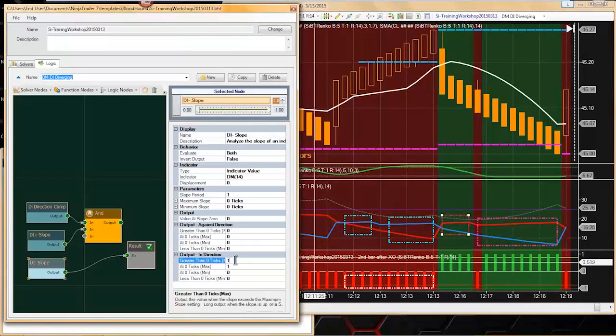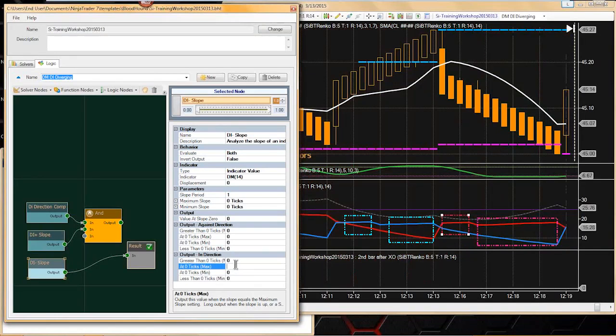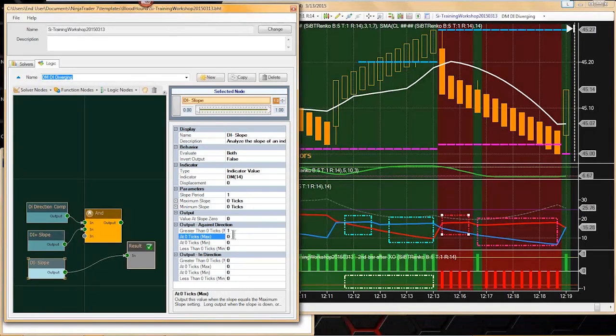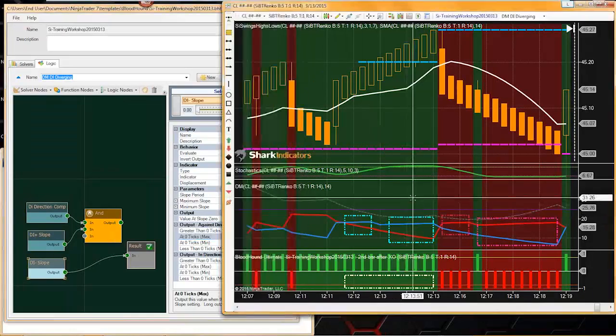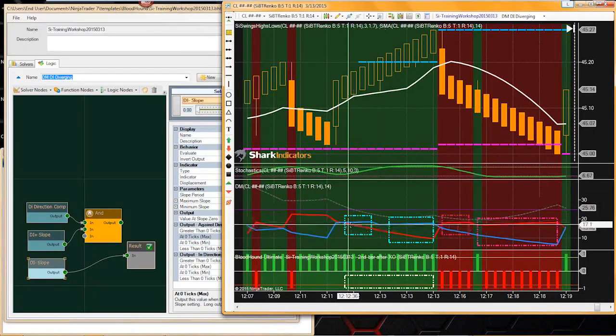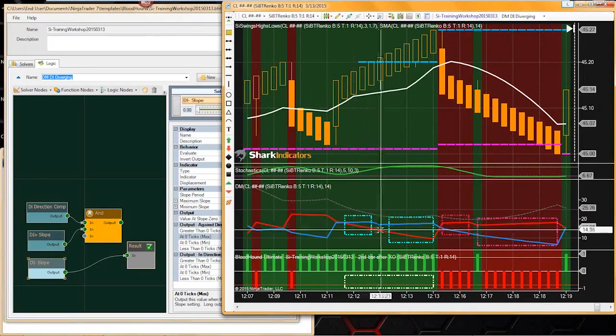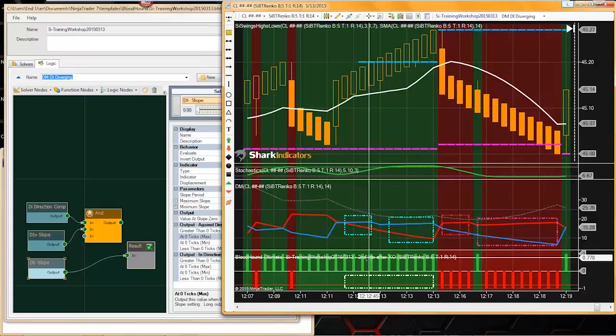So let's reverse the output here. Instead of using the in direction, we're going to use the against direction, like so. There we go. So when the DI minus is sloping down, we're now getting a long output.